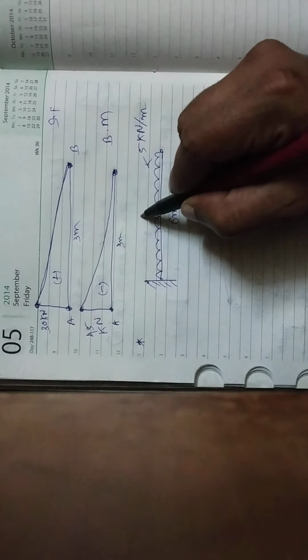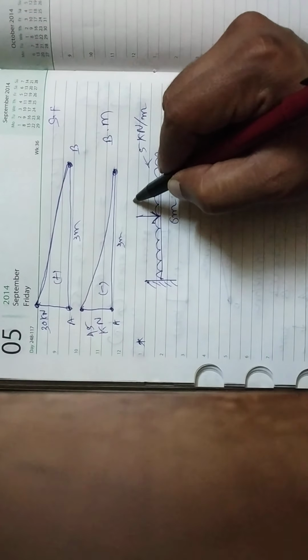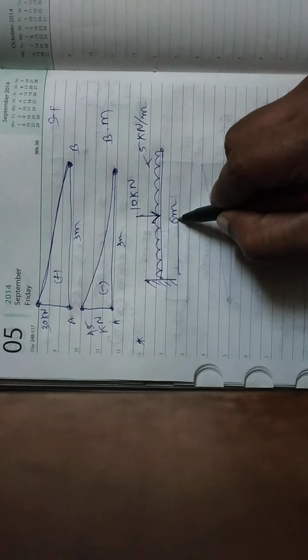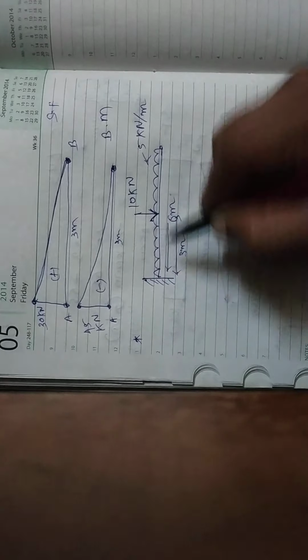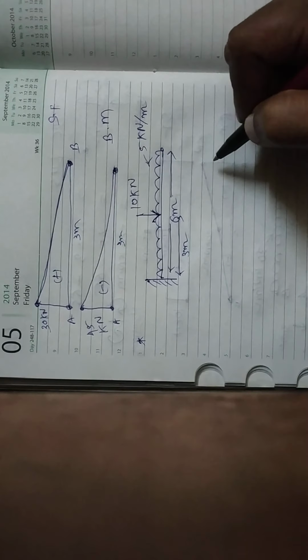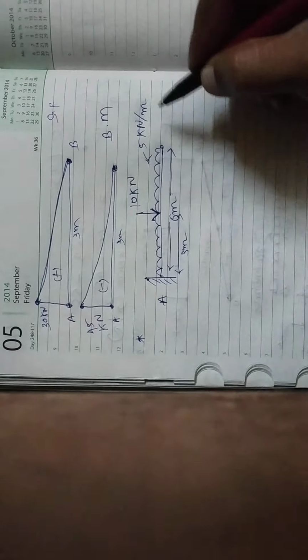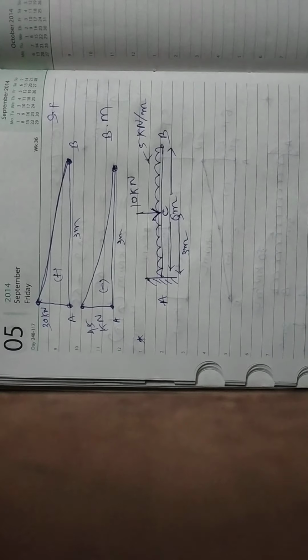This beam also has one point load at its mid span, with a magnitude of 10 kilonewton. So this span is 3 meter, and 6 meter is the overall span. From the right-hand side 3 meter, you can say point A, point B, and here you can name it point C.